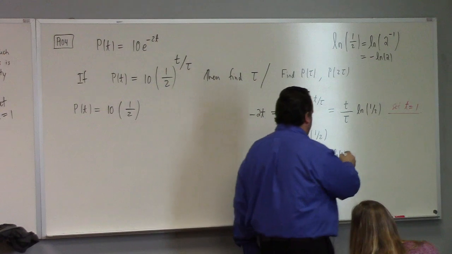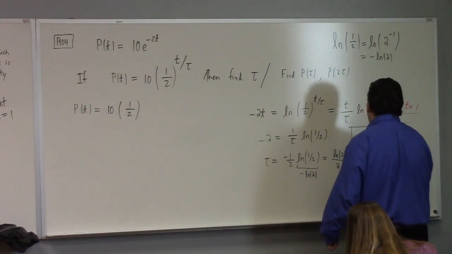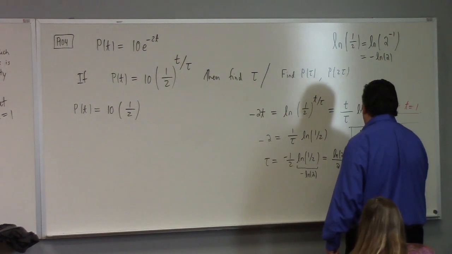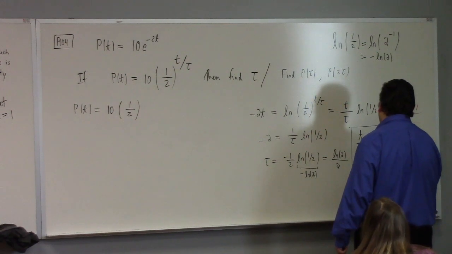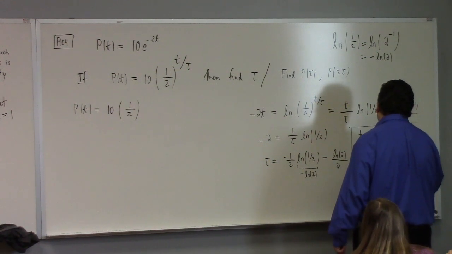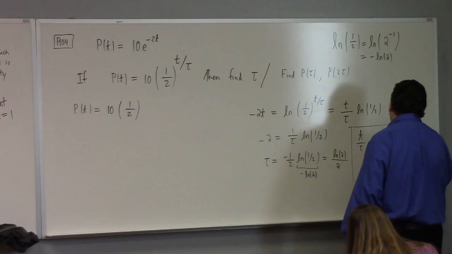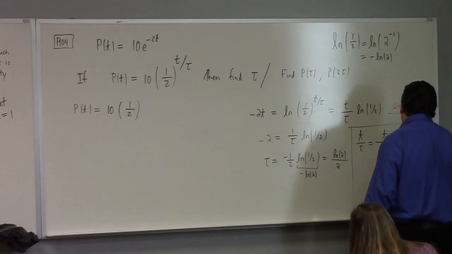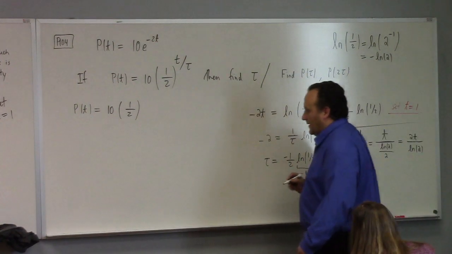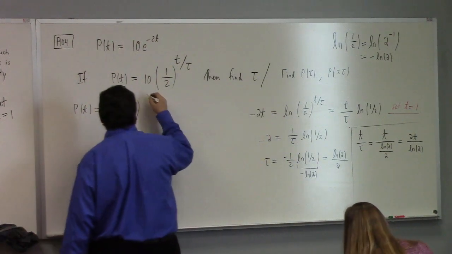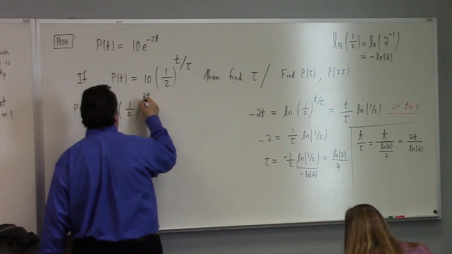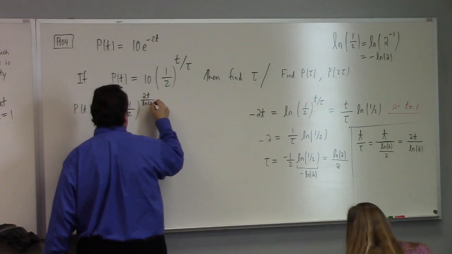Let me just do it over here to make it bigger. What does t over tau look like? It's t divided by the natural log of 2 divided by 2. So that's 2t over log 2, actually. So I have 2t divided by the natural log of 2.